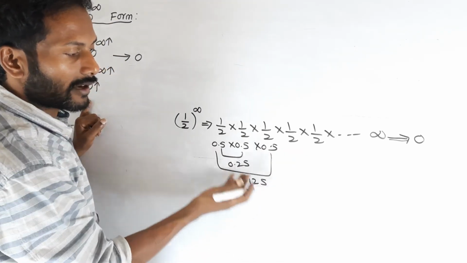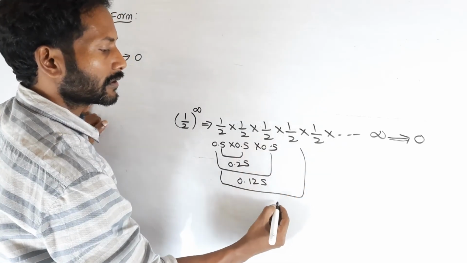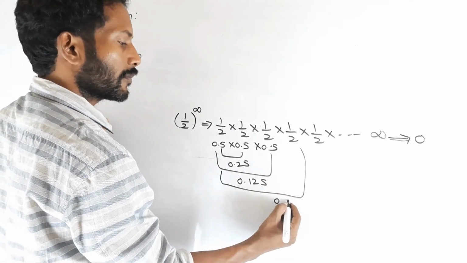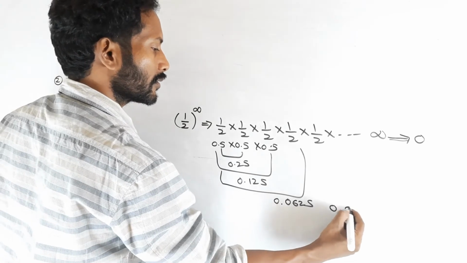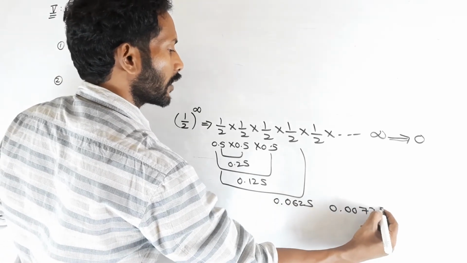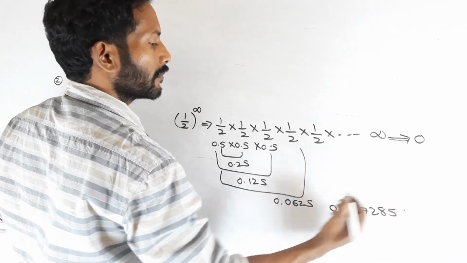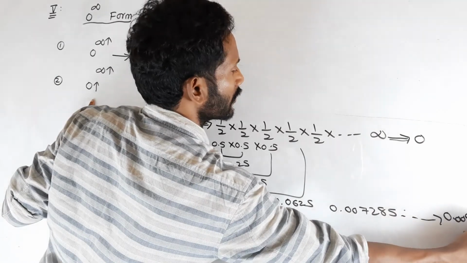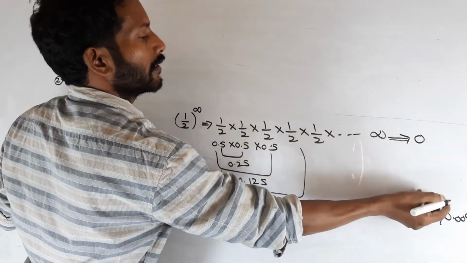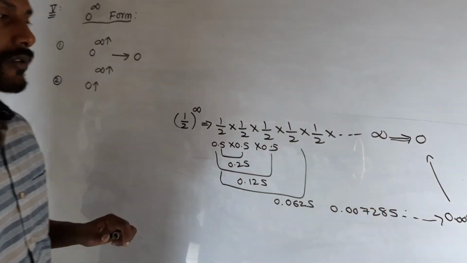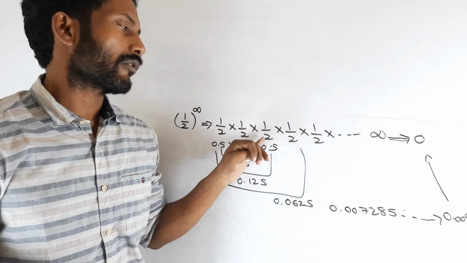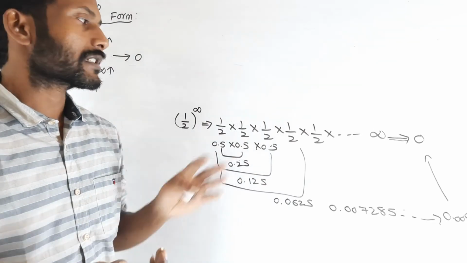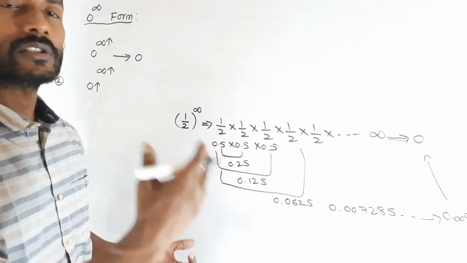The value decreases. If we multiply like this, we get 0.0625, and continuing to multiply, 0.0007285, and eventually 0.0000001. So it is closer to 0. I hope this is clear. Multiplying 1 by 2 infinite times gives the least value, which is closer to 0.